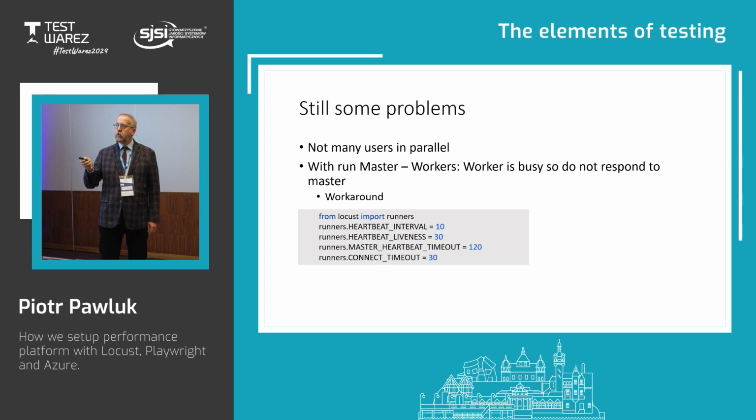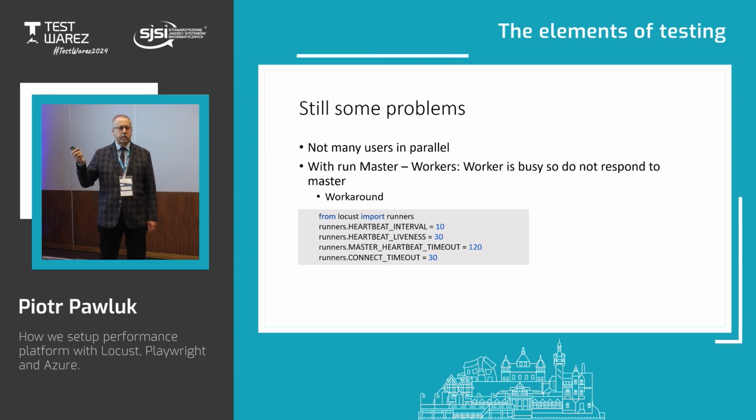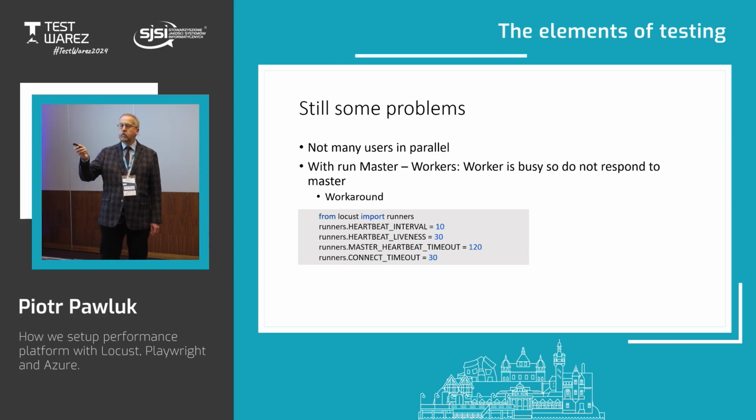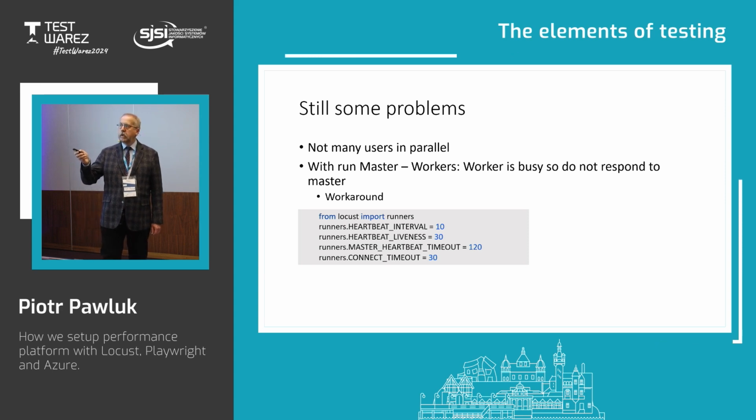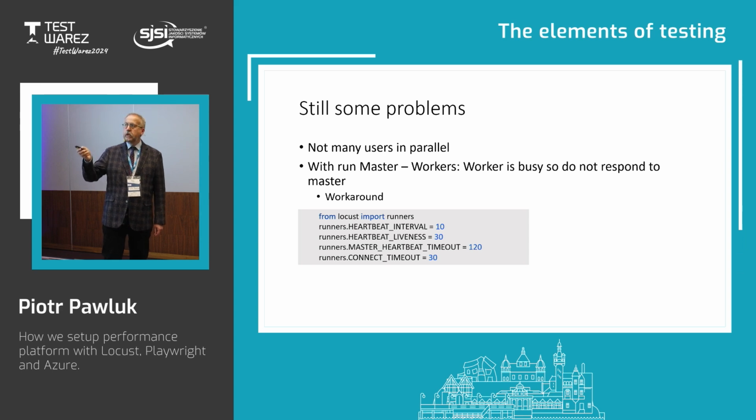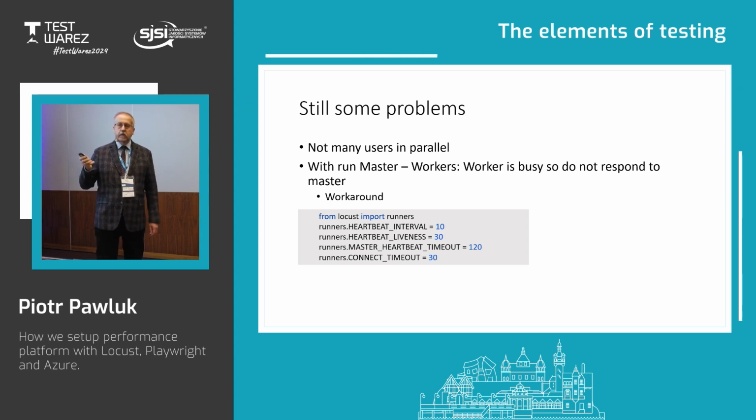So I had to increase some timeouts, with less frequent intervals, but it was easy to just take them from the Locust runner and override them. Inside the script, you just import runners and change the values, and it works. With less frequency, it is not failing.